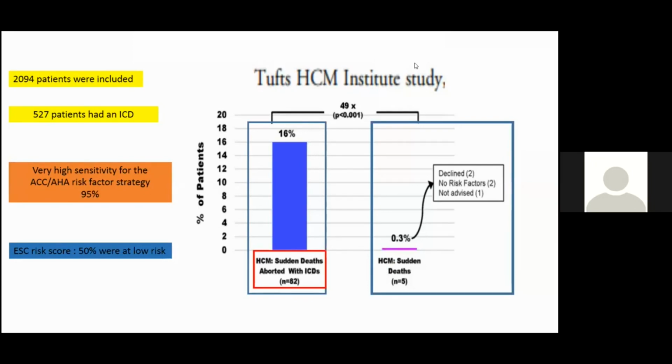Nevertheless, patients are advised against the practice of competitive sports or intense activity. It is a class 1 recommendation. Now, for patients who practice moderate physical activity, it is not a contraindication, and they are managed just like the rest of patients.